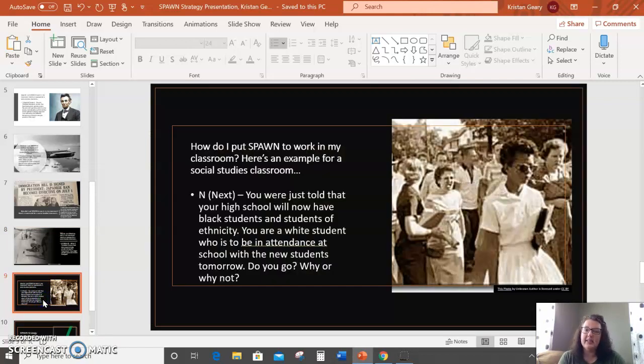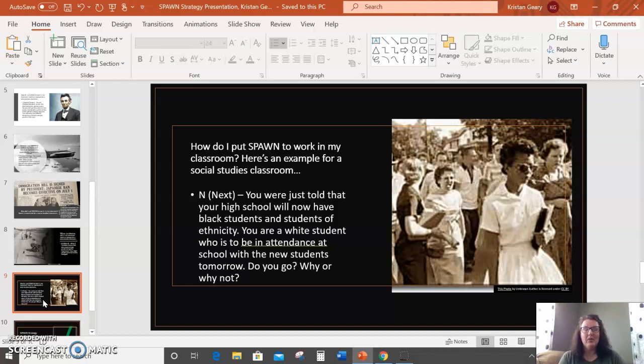N for next. You were just told that your high school will now have Black students and students of other ethnicities. You are a white student who is to be in attendance at school with the new students tomorrow. Do you go? Why or why not? And that could be a really interesting question for students, because a lot of them, I think, initially might say, oh yeah, of course I would go.